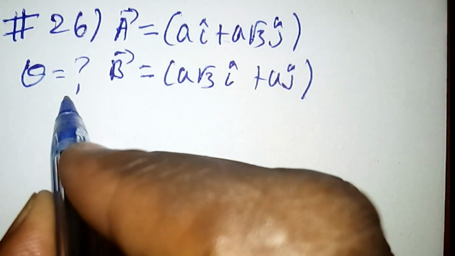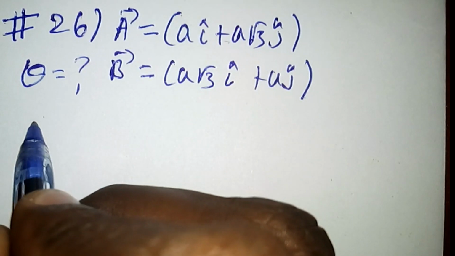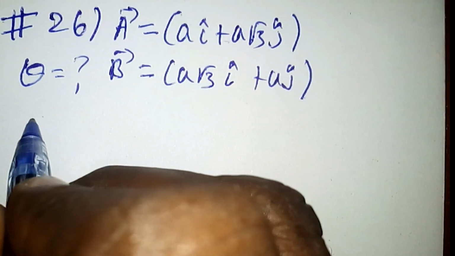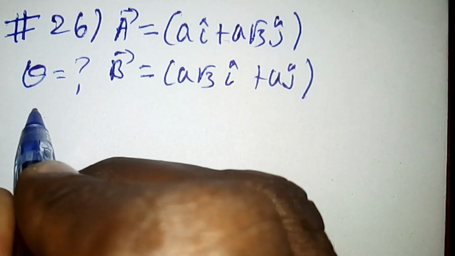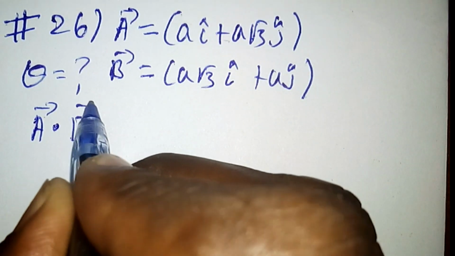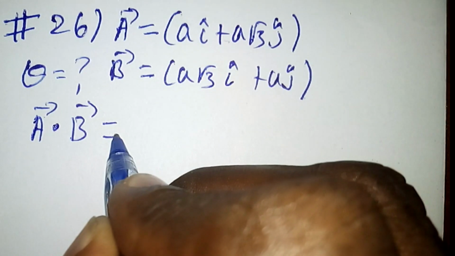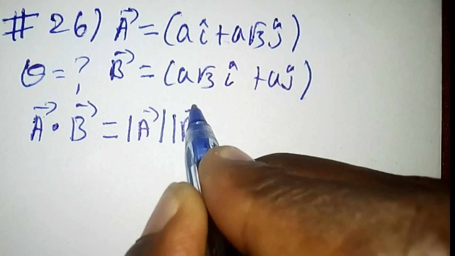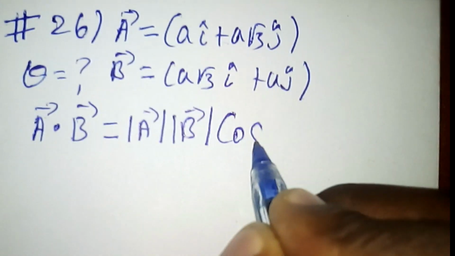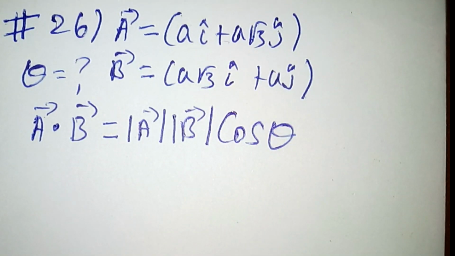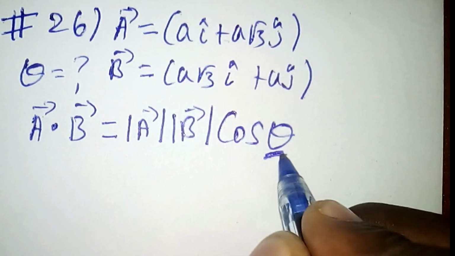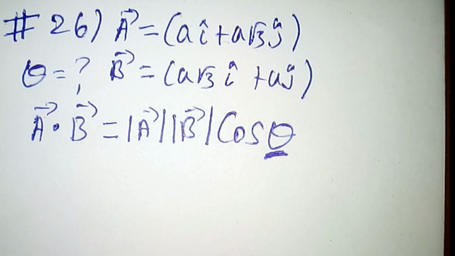So to find the angle theta between two vectors, or the smaller angle between any vectors, we use the concept of the scalar product, which says that the scalar product of vectors A and B is the magnitude of vector A times the magnitude of vector B times the cos of the smaller angle theta between the two vectors A and B. Then we are going to find this theta from this concept.